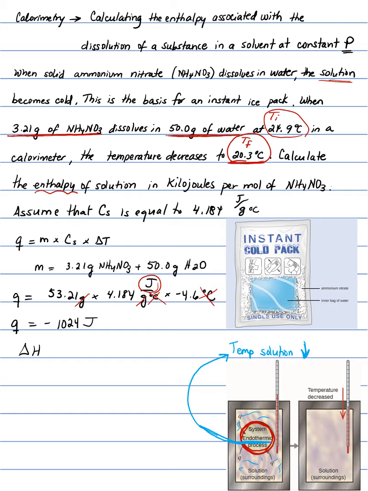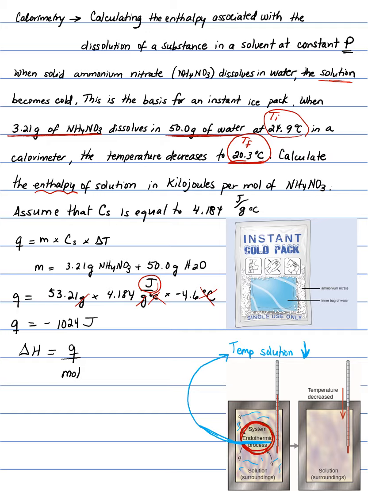If you want your enthalpy, the only thing that you need to do is divide the value of the heat that we already calculated by the number of moles. The problem is asking you to find kilojoules per mole of ammonium nitrate, so we have to find the moles of ammonium nitrate.